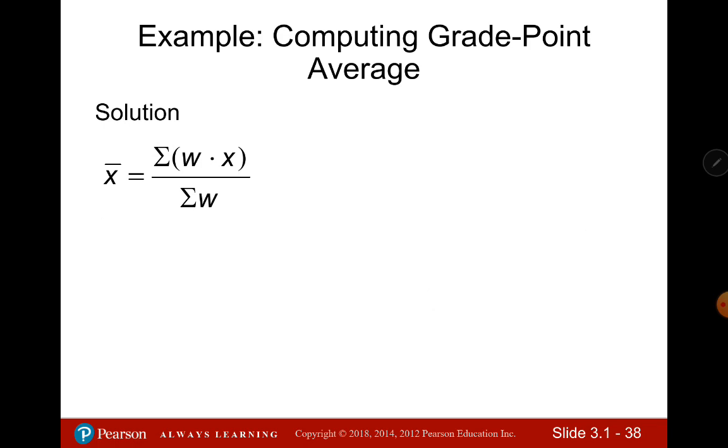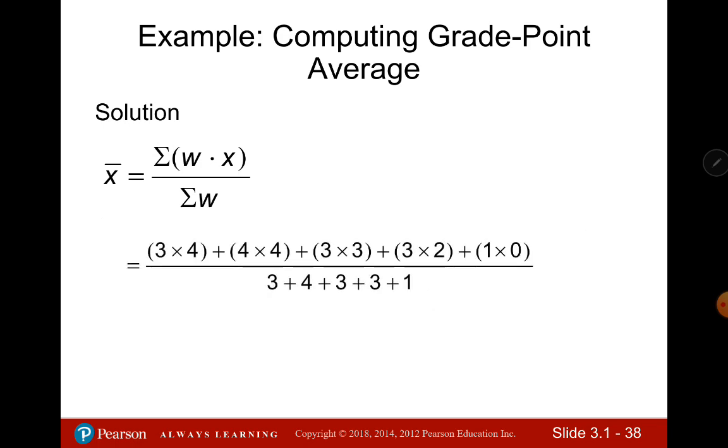Now we can use the formula. So this is the 3 credit course with an A. And the second one will be the 4 credits course with an A. And this will be the 3 credits course with a B, and the 3 credits course with a C, and the 1 credit course with an F. We get the products first, then add up all the products and divide by the sum of all the weights: 3 credits, 4 credits, 3 credits, 3 credits, 1 credit.